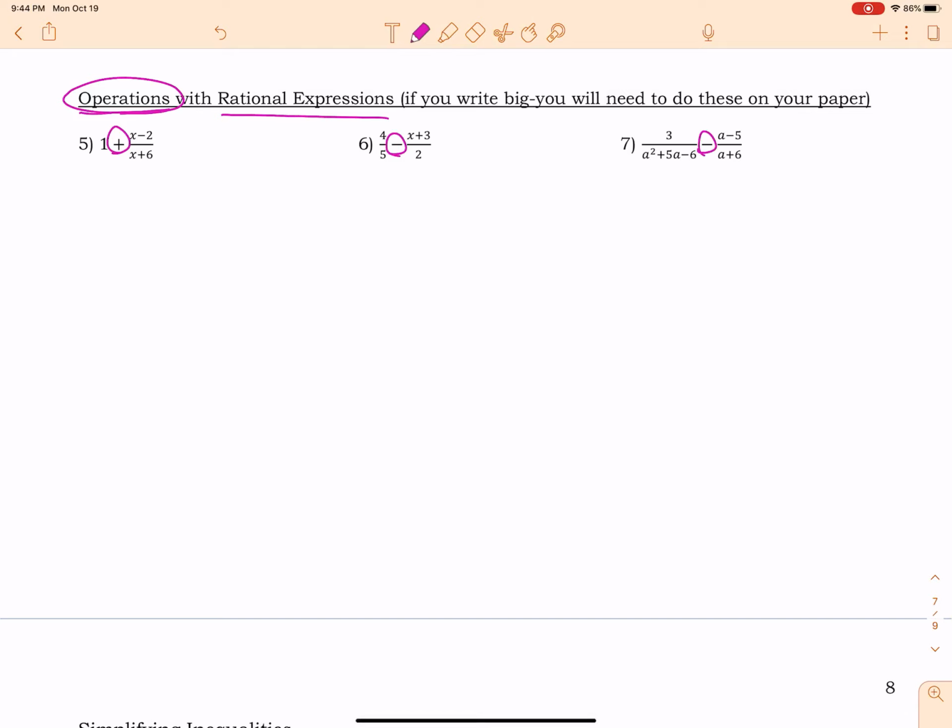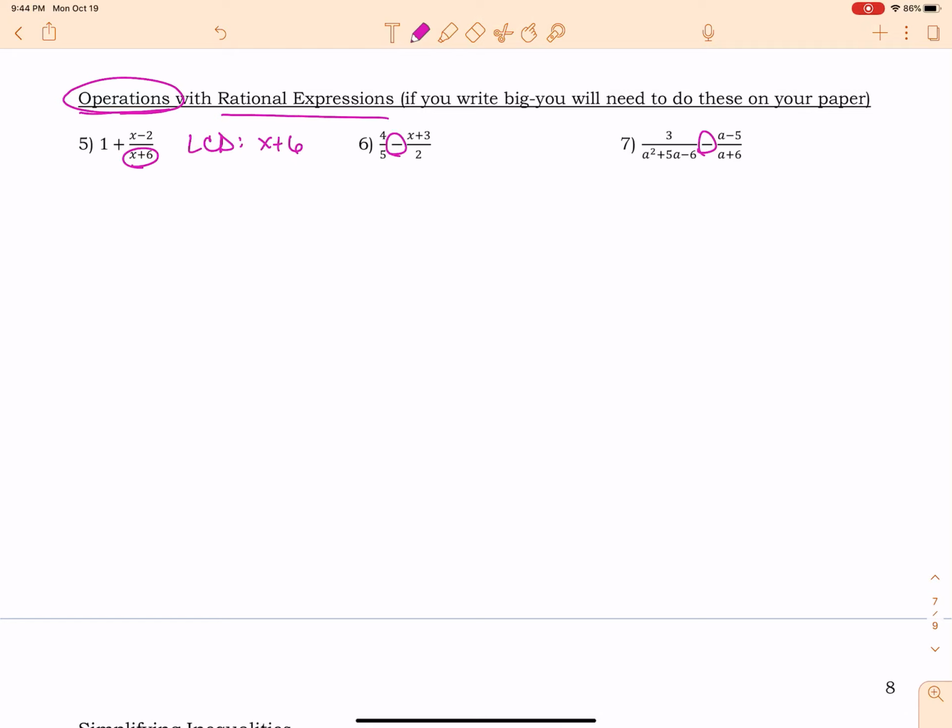When we're adding and subtracting fractions, we have to have a lowest common denominator. So we begin by recognizing what the LCD is. For this particular problem, in the denominator, I have an x plus 6, and that's all.